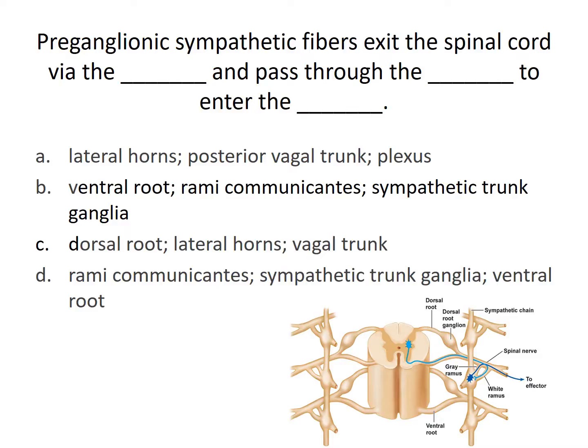So question: preganglionic sympathetic fibers exit the spinal cord via the blank and pass through the blank to enter the blank. All motor or efferent neurons are going to leave via the ventral or anterior horn or root.